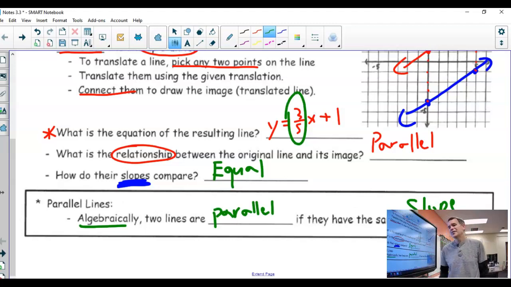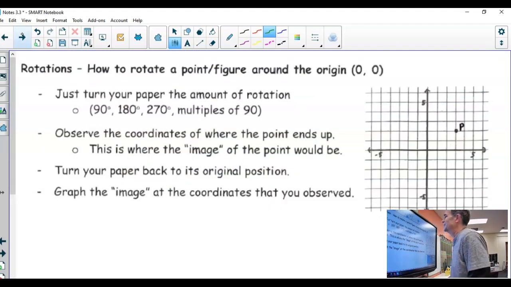That is how you can tell that two lines will be parallel to each other, because their slopes are the same. And so now, if I gave you an equation for two lines, without even graphing them, you could tell me if they're parallel or not, because if they're parallel, their slopes would be the same. All right, that's the easier of the two.